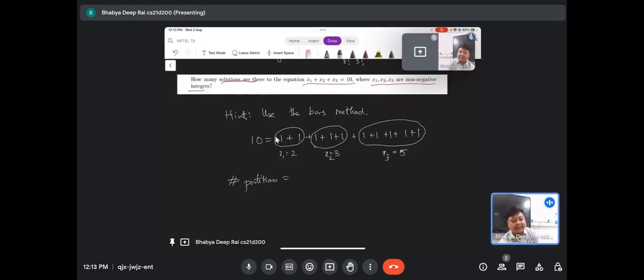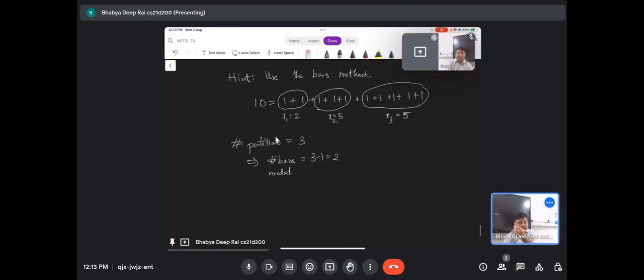It is 3. The number of bars needed will be 3 minus 1, which is equal to 2. So I need just 2 bars to do this.